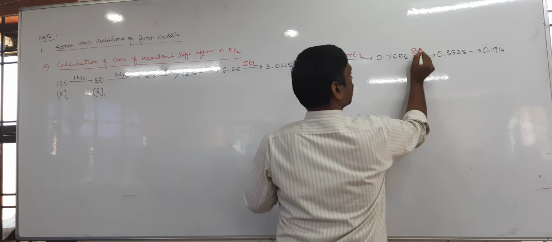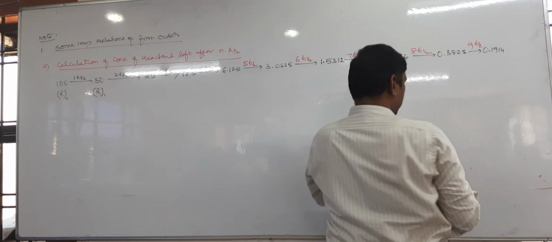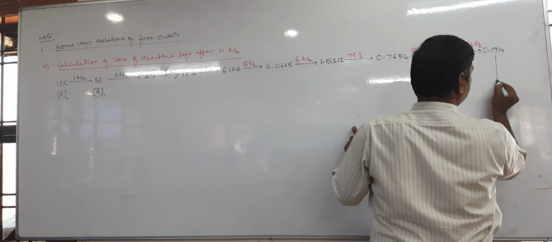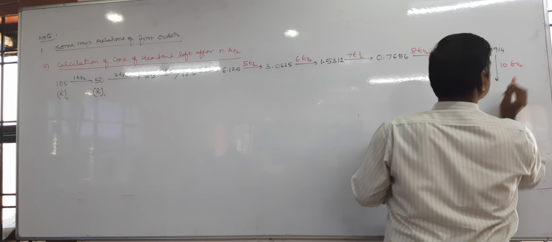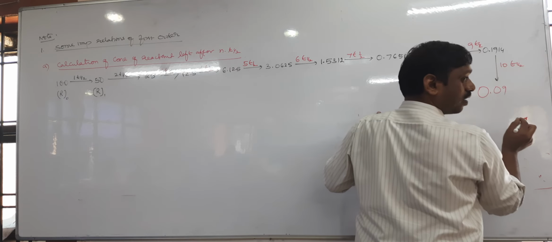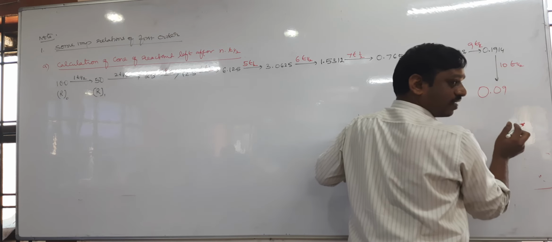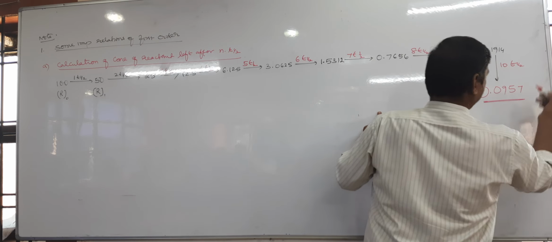It is 8 T half, 9 T half. I want one more T half. Tell me. 0.09095. Okay.